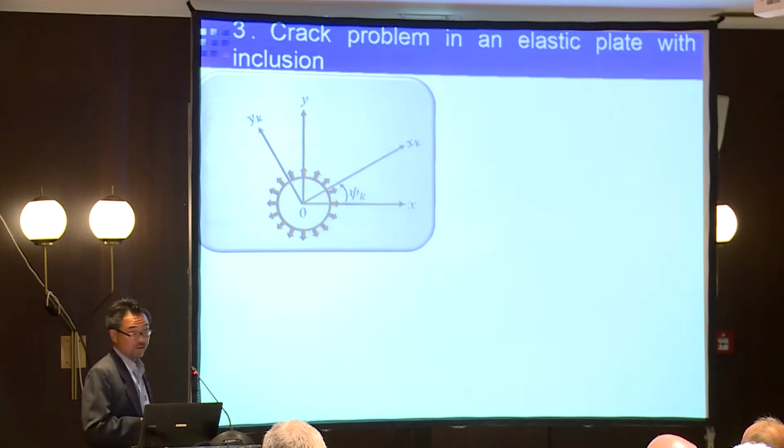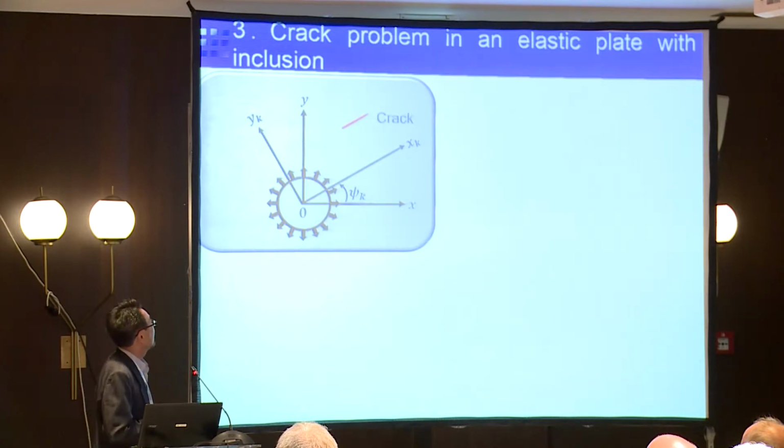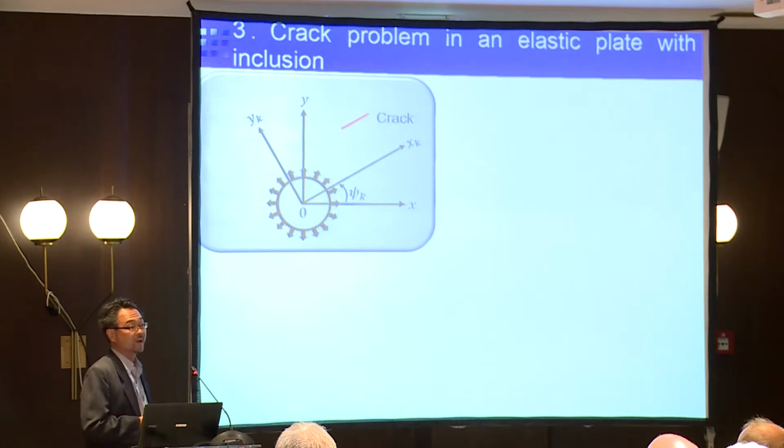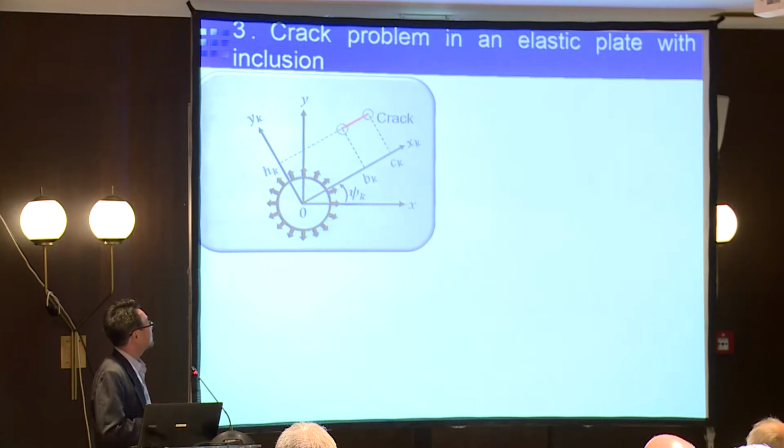It should be noticed that the local coordinate xk is rotated from x by the angle psi k, and xk is parallel to the crack. From the local coordinate xk and yk, the tip of the crack is located at bk to ck on the xk axis, and hk on the yk axis. This media is subject to the tensile stress at the far field.